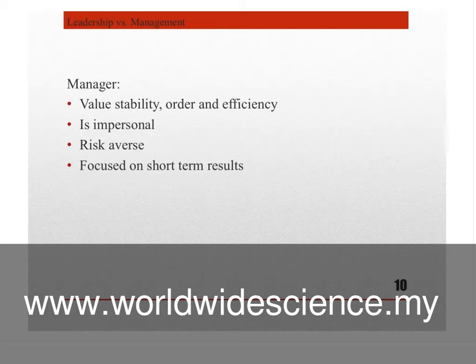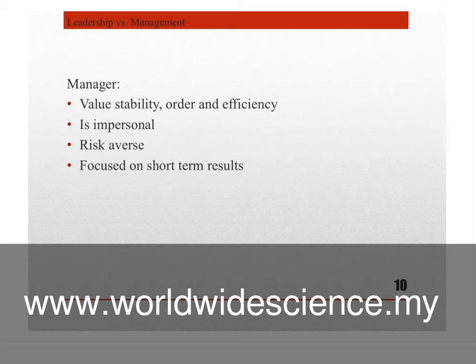So if we want to separate manager from a leader totally and look at them as two totally separate things, a manager basically looks for stability, order, and efficiency. A manager is very much into details. They just want a stable level of value.